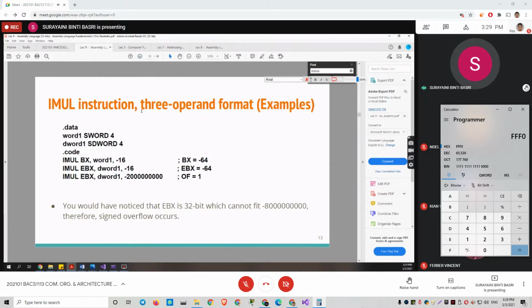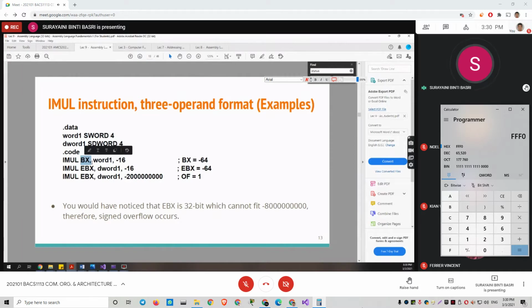Okay, so after that, this is the example of how we can do the multiplication in three operand format. You can see here there is a register, and then you can put any variable that holds a value that has the same size as your register.